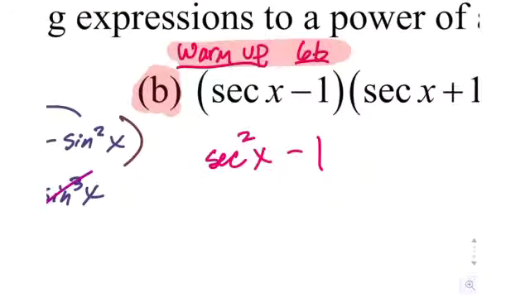We want to get it down to a single power of a single trig function. So right now we have two terms. How can we get that into one term? Well, now that it's squared, anytime you have a squared trig function, especially in the presence of the number 1, do we have any identities that deal with squared trig functions that involve the number 1?